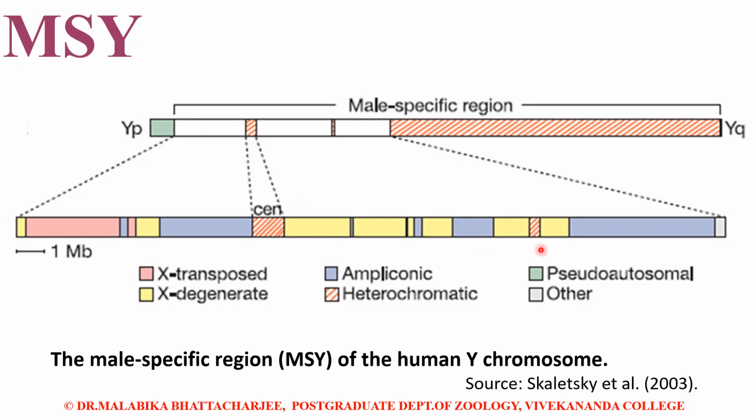And finally, there is the third area. This is the blue color area, which is the Ampliconic region. It contains about 30% of the MSY, including most of the genes closely associated with the development of testes. These genes lack counterparts on the X chromosome. So they do not have, mind it, any counterpart on the X chromosome, and their expression is limited to the testes.